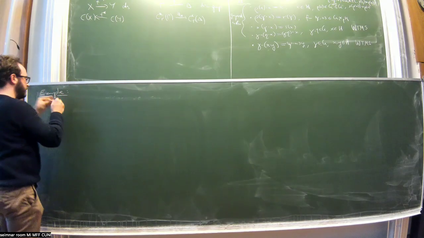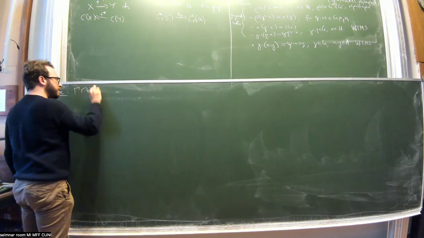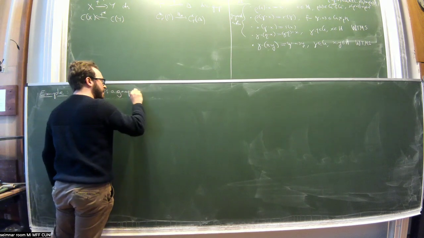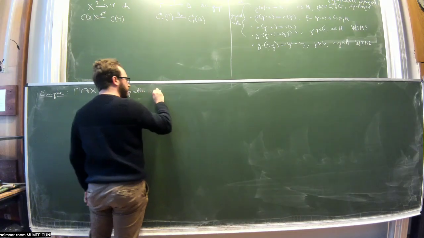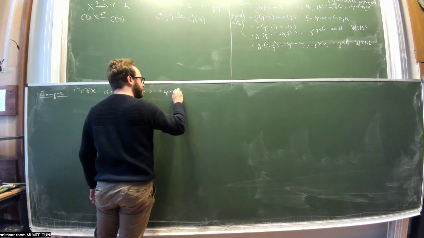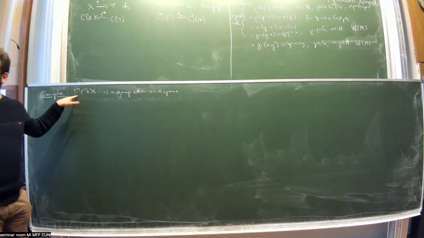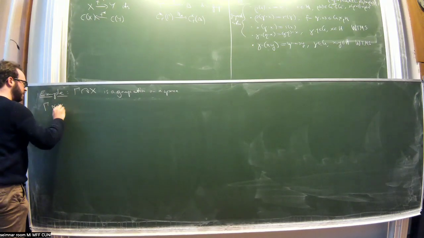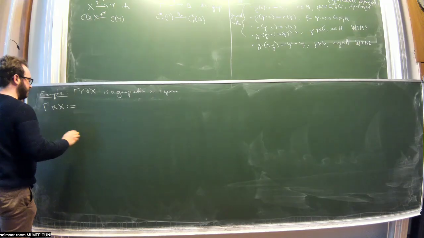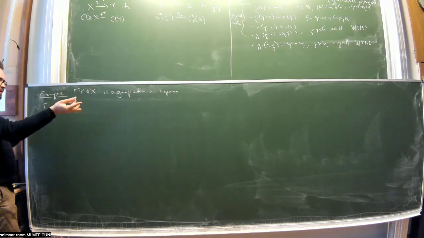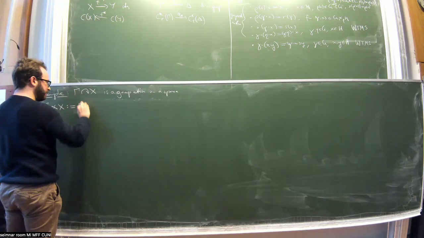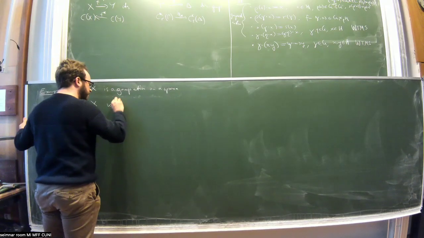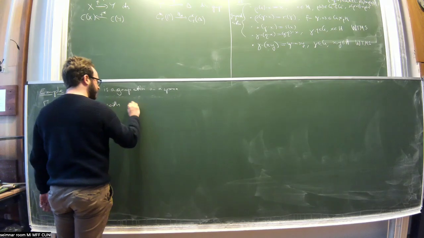Quick example, if gamma acting on X is a group action on a space, where gamma is just a discrete group, then we can build a groupoid out of this action, which consists of, as a set, just the product, with source map.